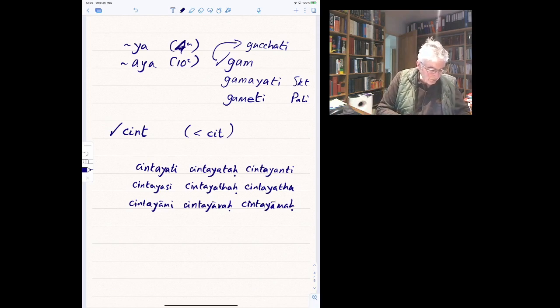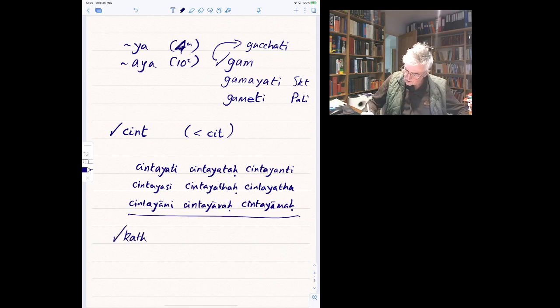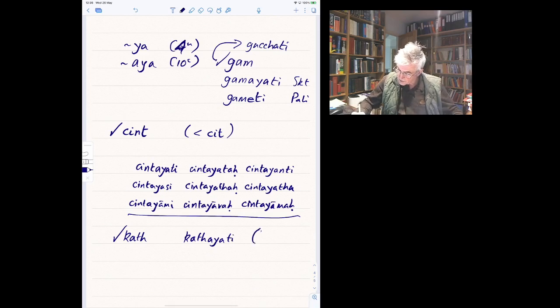And some examples are given below that. There is kat, the root kat, to tell, katayati. And as usual, as we would expect in Pali, we have kateti, tells.